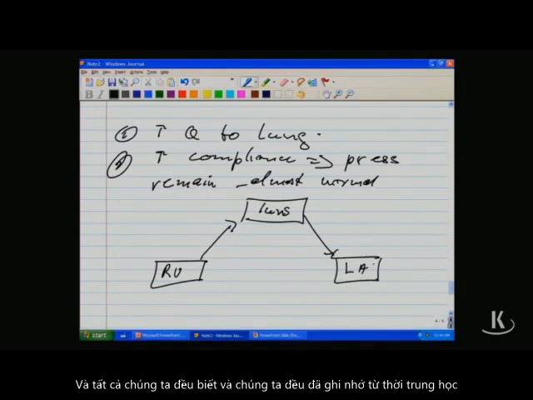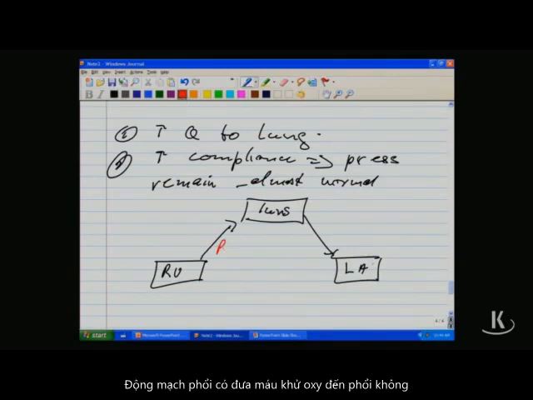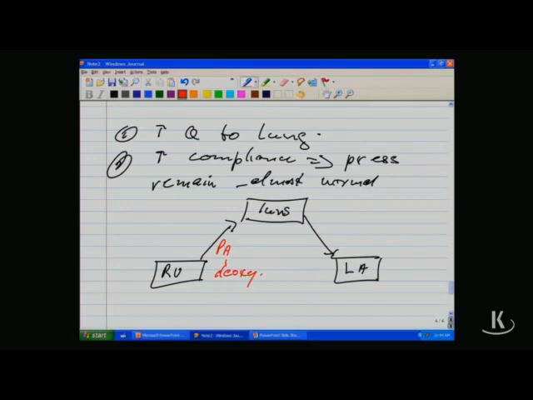And we all know, and we've all memorized since high school, that the pulmonary artery takes deoxygenated blood to the lung. And here we have the pulmonary vein, which is taking oxygenated blood to the left atrium.